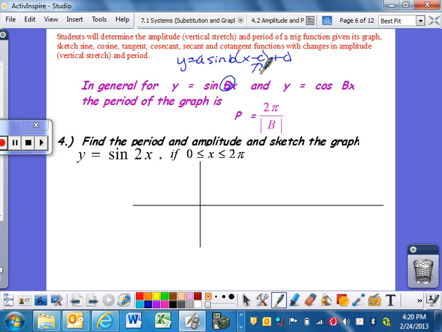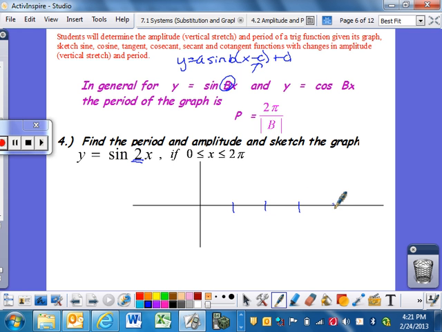Now, there's two ways to think about this. Okay, now here's one way. If there's a 2 here, this just means that 2 cycles of sine need to be completed in the original 1 cycle that there was. Now back to our parent function. Normal sine, I'm going to attempt to do this.